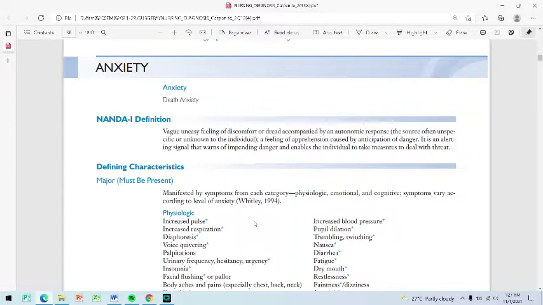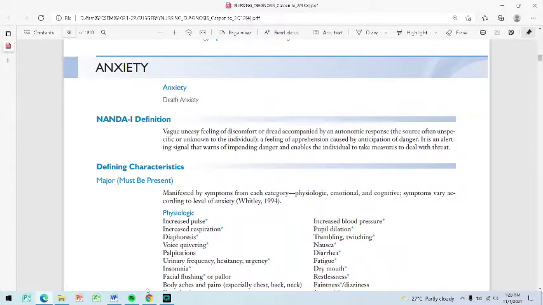Based on the definitions of NANDA, anxiety is a vague, uneasy feeling of discomfort or dread accompanied by an autonomic response. The source is often unspecific or unknown to the individual. A feeling of apprehension caused by anticipation of danger. It is an alerting signal that warns of impending danger and enables the individual to take measures to deal with the threat.